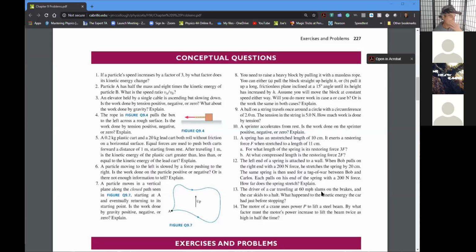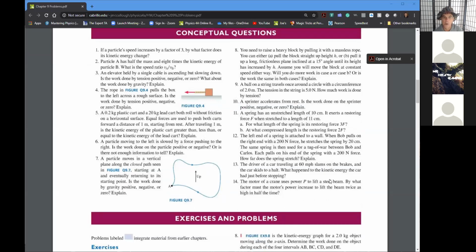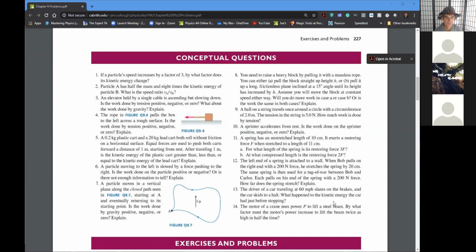This is the chapter 9 homework? Yeah. Which conceptual question? It was 9.2, so I think it's the second one.